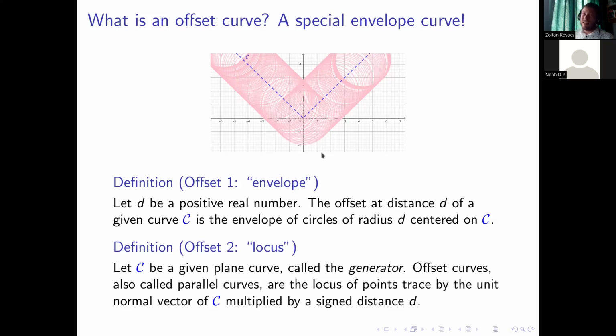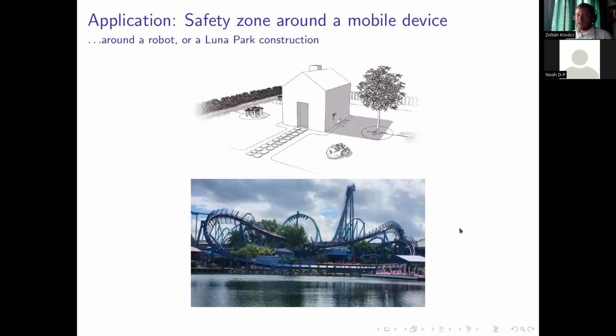So the definition matters. We don't always get the same curve. And also, if we use the circle-based definition, then we usually have a wider set of geometric locus.